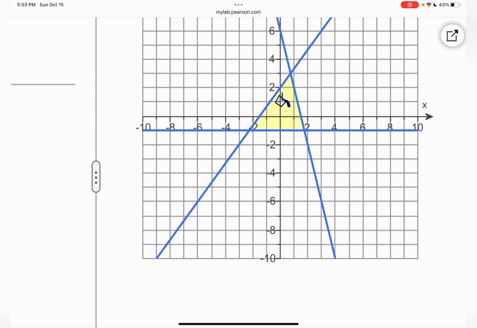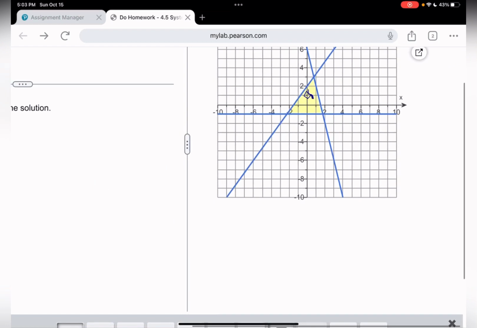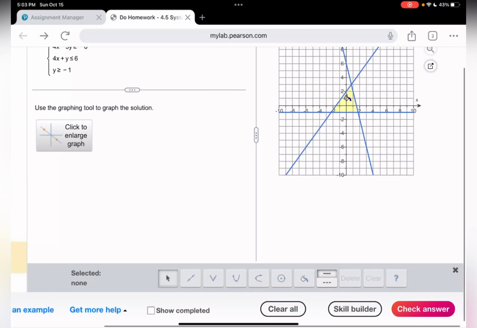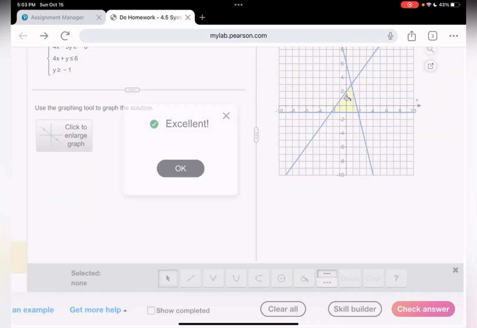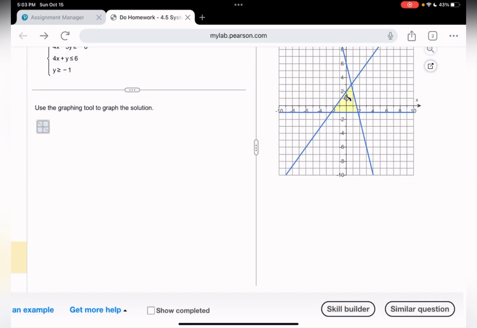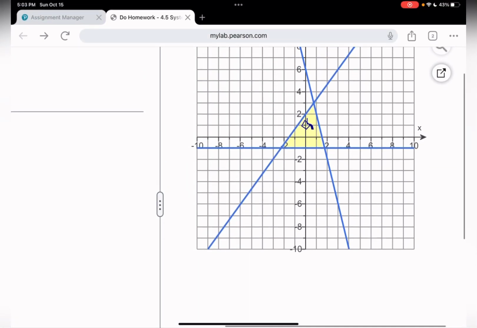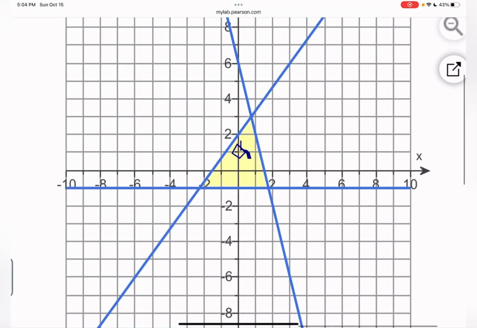See that? 1, 2, 3 cells. It should be 2 cells. Something is wrong there or what? Let me check. Okay, it's excellent, but still... yeah. This y equals -1, I took it as the x-axis. Okay. So let's take a point.